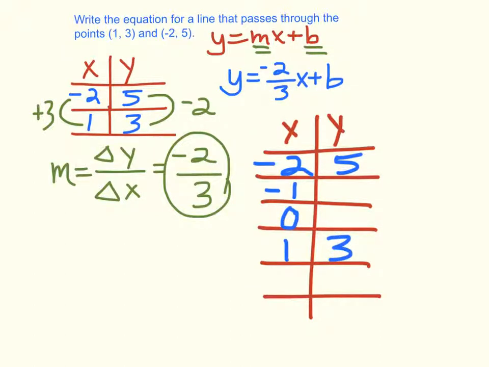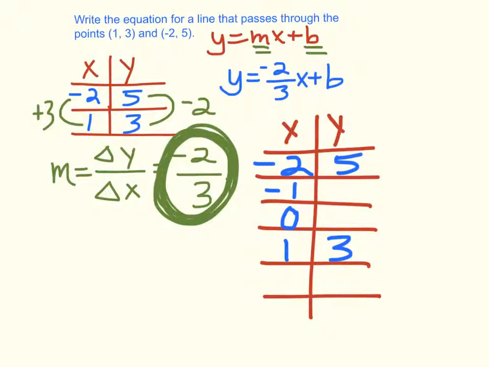And you can see now this new table actually has a row that will have the y-intercept. So all I need to do is fill in these missing y values, and if I do that carefully by using the slope, I can figure out the y-intercept. So now we have to use the fact that our slope is -2/3. And what that slope, remember, tells us is how much the y is changing when the x goes up by 1.